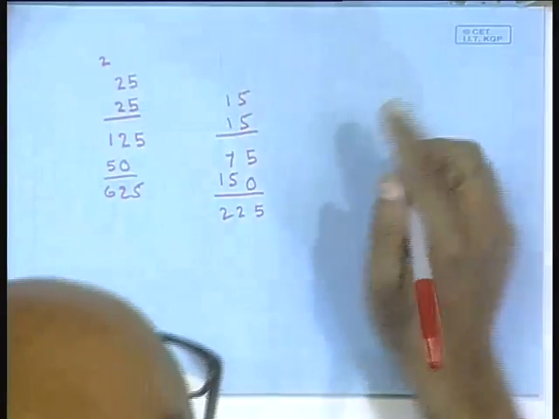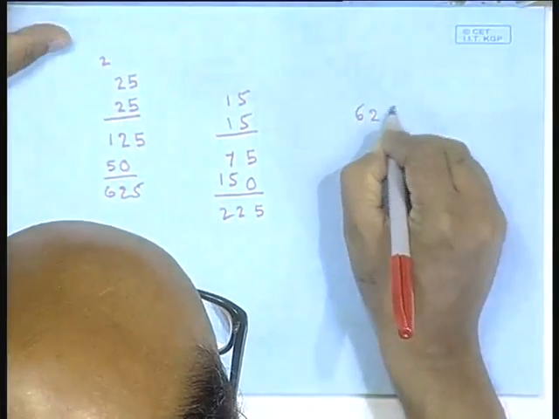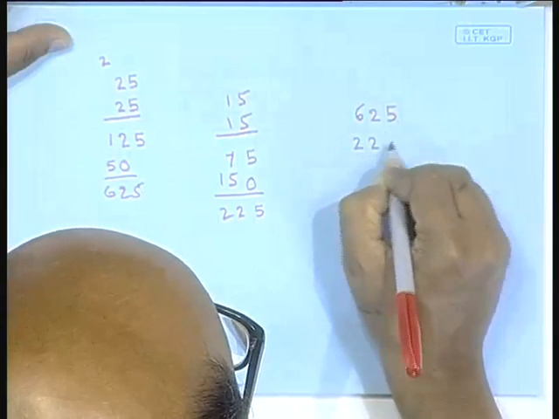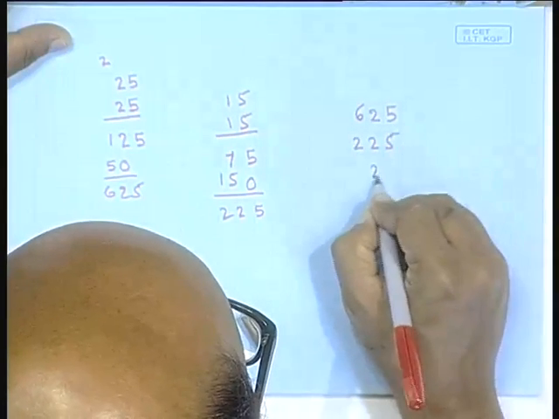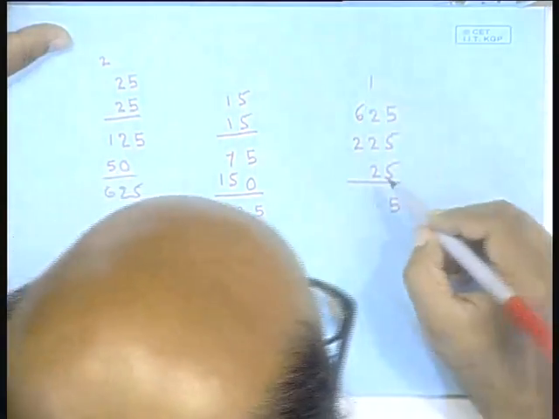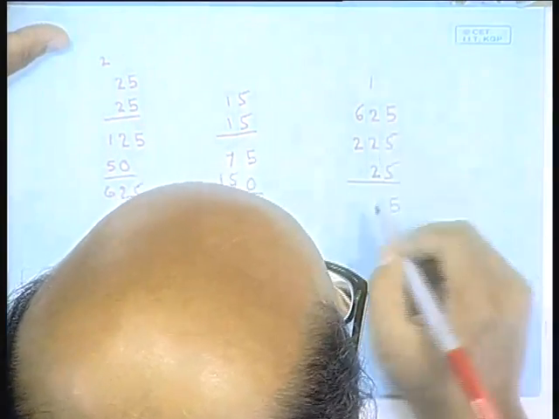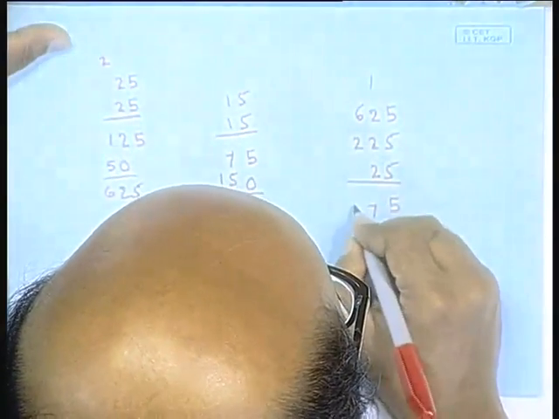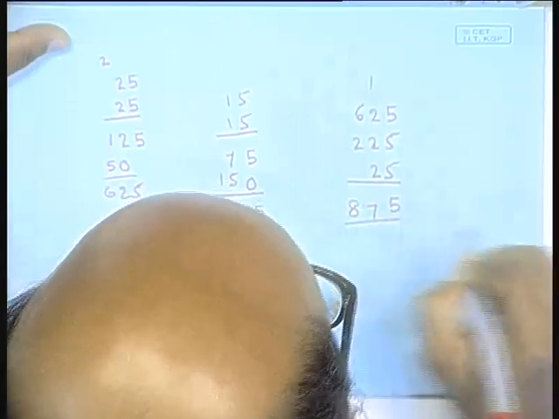Let me add up these 3 numbers: 625, 225, and here I have 25. So, this gives 875.